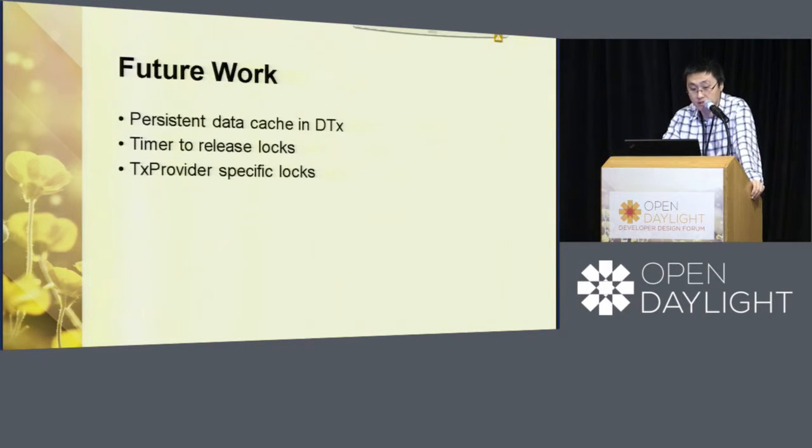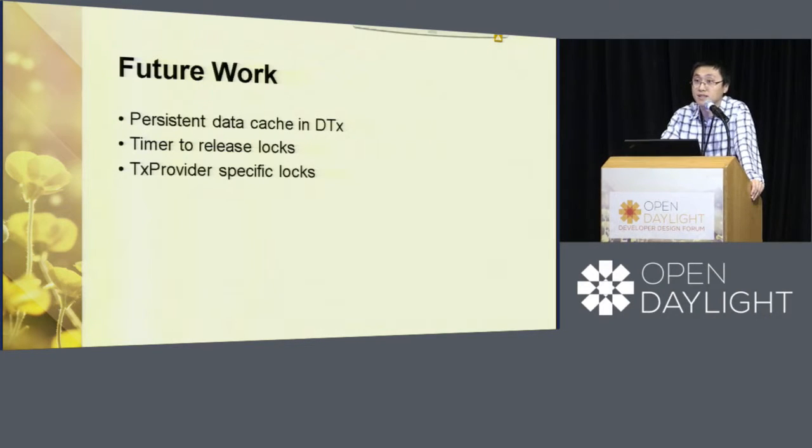For the future work, currently we implemented an in-memory cache. The problem with an in-memory cache is that if the ODL instance crashes, we cannot get the cache data back.